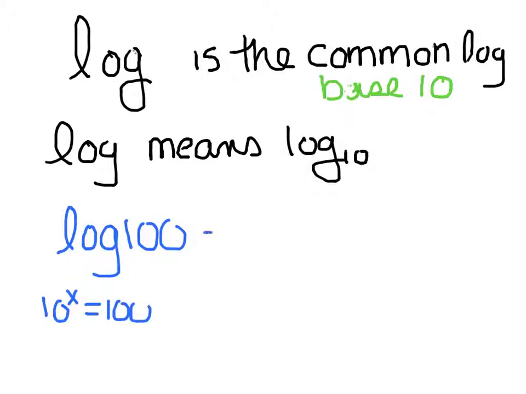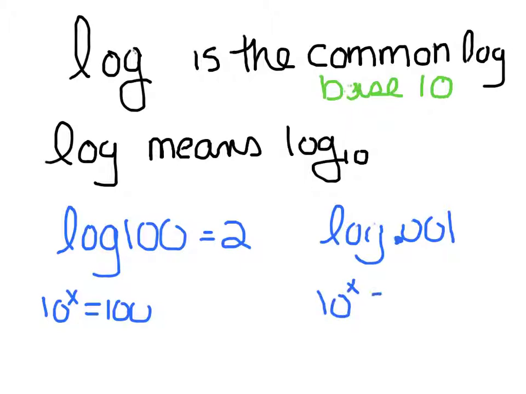And the answer is 2. And if you see a problem that says log of 0.001, this is saying 10 to what power is 1/1000th, and that's a little bit trickier because you have to cube the 10 to get 1,000, but the exponent has to be negative to flip it to the bottom of the fraction.